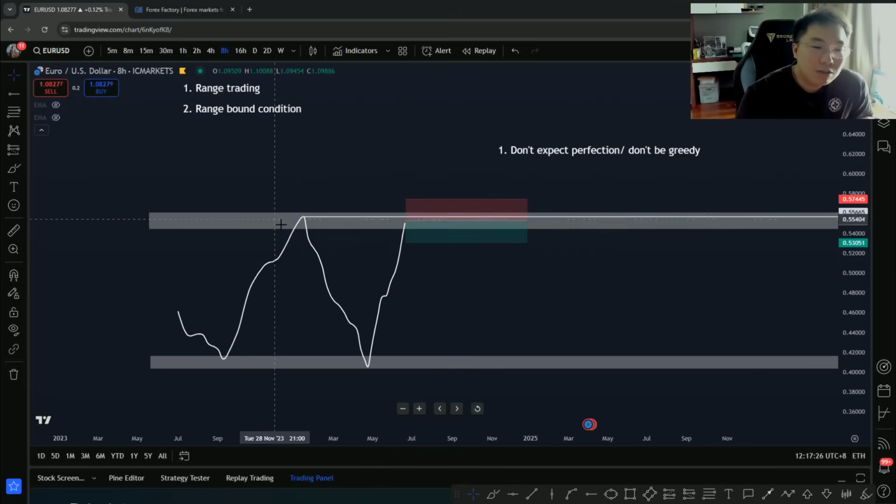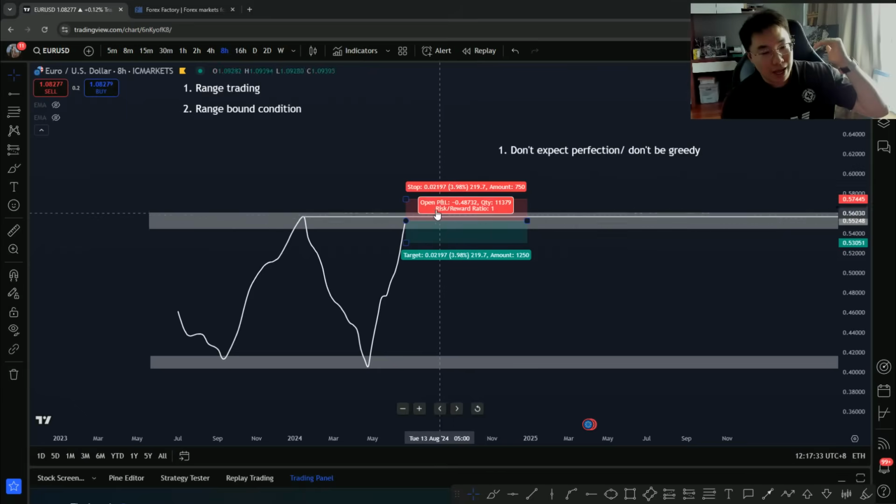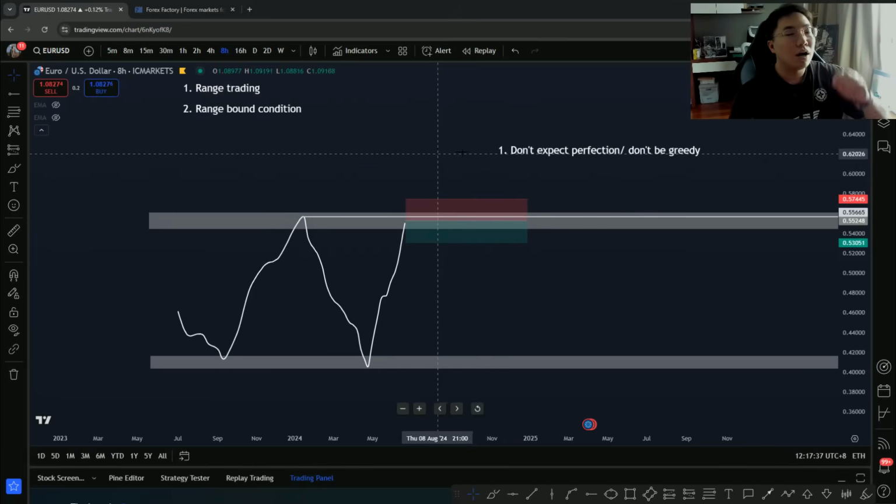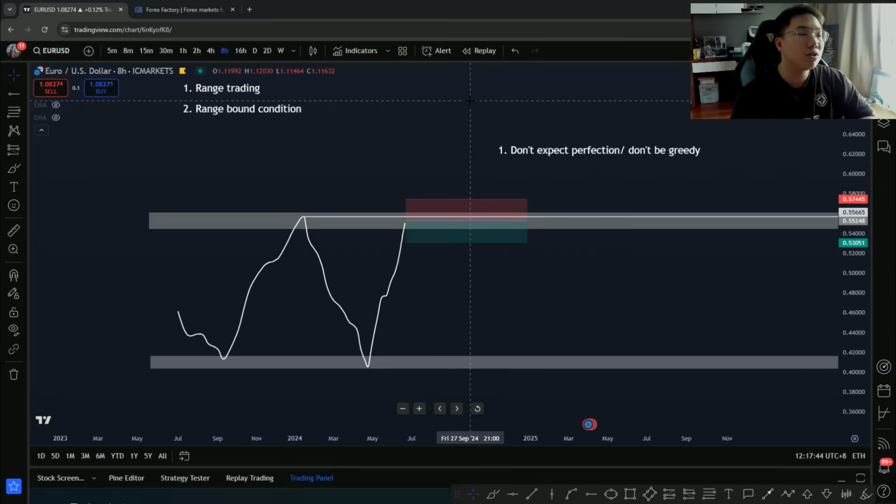So what I like to do is plot out the zone and I'll just enter at the midpoint with most likely a limit order. A range bound condition is the easiest to trade with a limit order. Why? First thing, it keeps you from overthinking, and also it prevents you from rushing any entry.